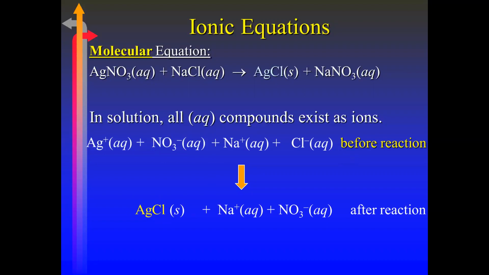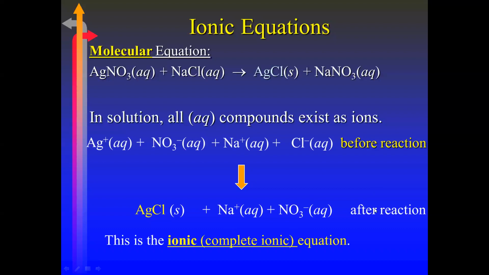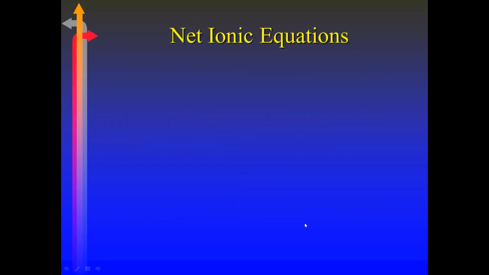Instead, it will remain in solid form. We name it a precipitate. I showed you some video previously. The others can dissociate into ions. So this is what we have after the reaction. We call this the complete ionic equation.